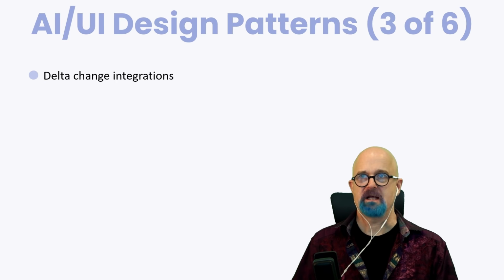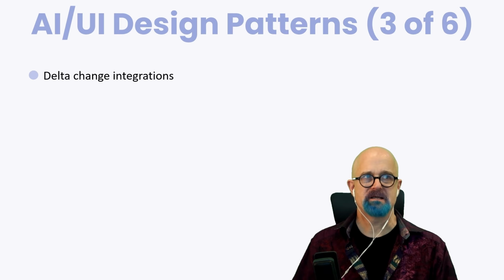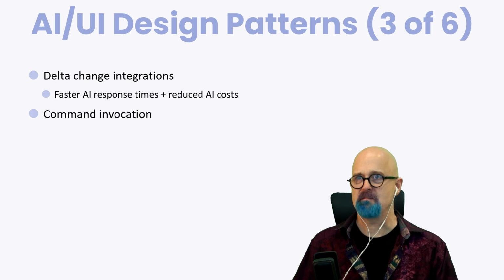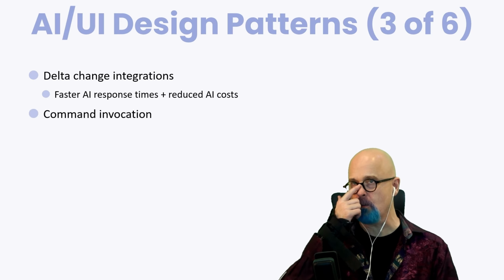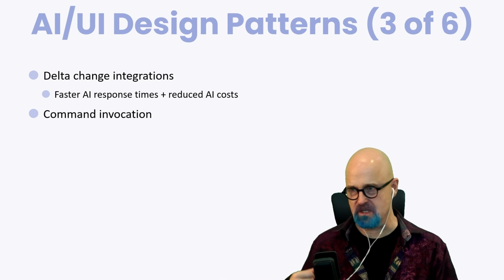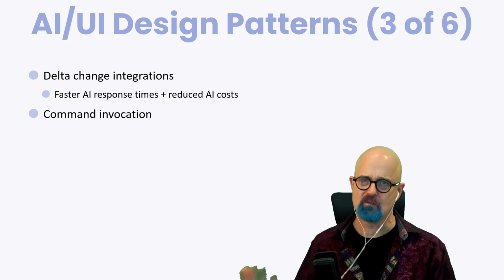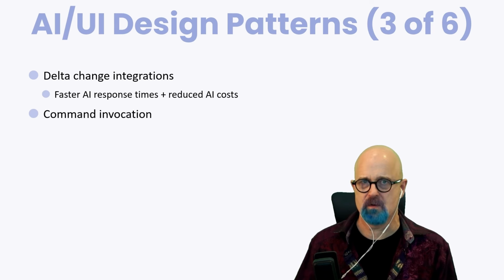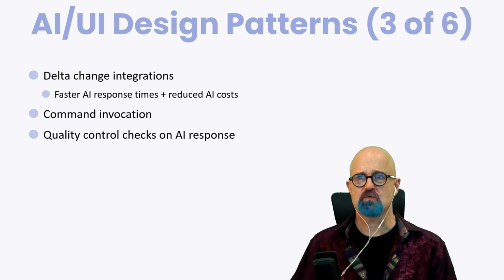Okay, Delta change integrations. I think that's a big deal. That gives you faster response times and reduced AI costs. Command invocation is a possibility where we can invoke commands and really control the application based on me telling it what I want it to do, rather than finding a menu item, for example, or hitting a shortcut. Quality control checks on the AI response are important.